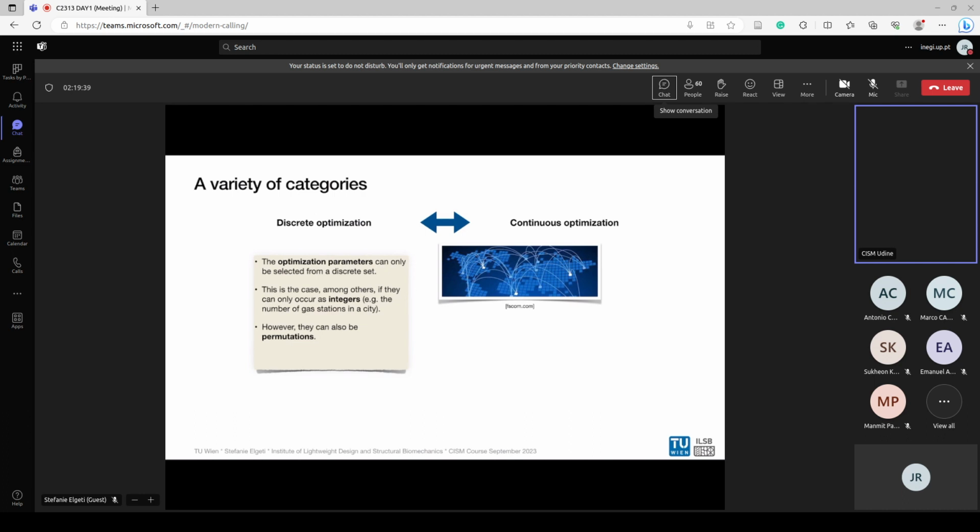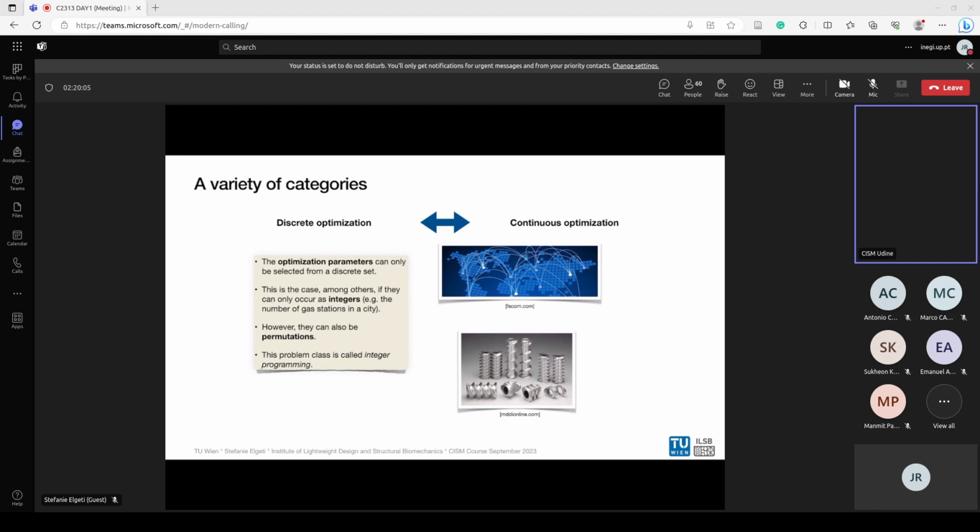However, this can also mean that we look at permutations. So I mentioned I studied manufacturing engineering. So in extrusion, we have these screws that transport polymer, and you assemble these screws from different base components that you can see here. And also how to put together these base components could be an example of a discrete optimization.